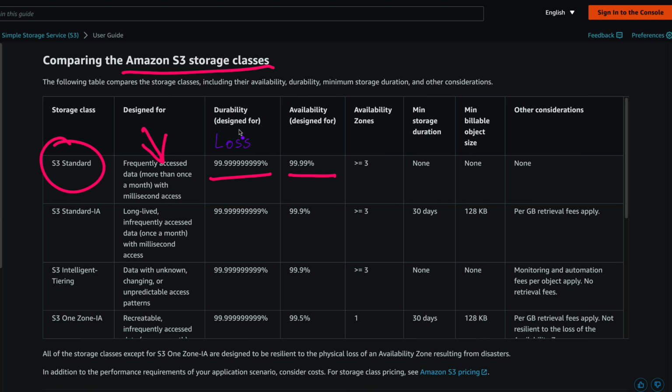So quickly again, durability is a measurement of the potential of losing data. Now this availability column speaks more to your ability to access the objects in S3. So as you can see, the availability is a lot lower than the 11.9s of durability.